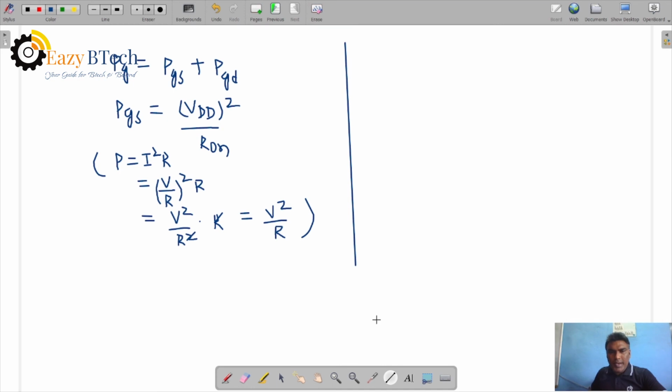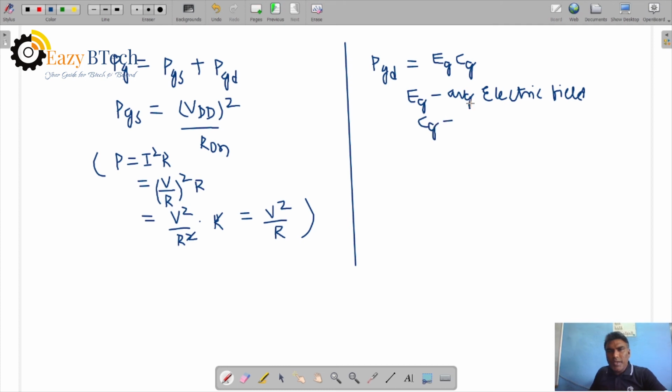And this dynamic gate power PGD is equal to EG into CG. EG is the average electric field gate to channel, and CG is the gate to channel capacitance.